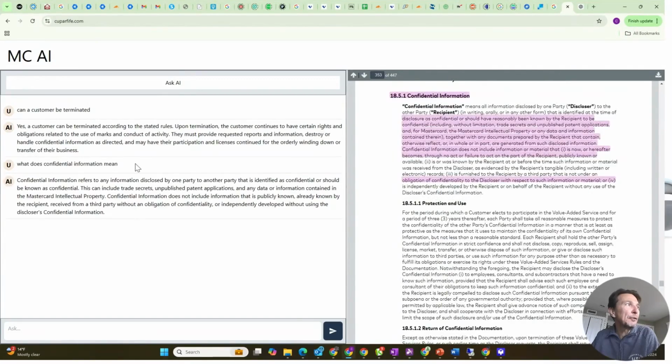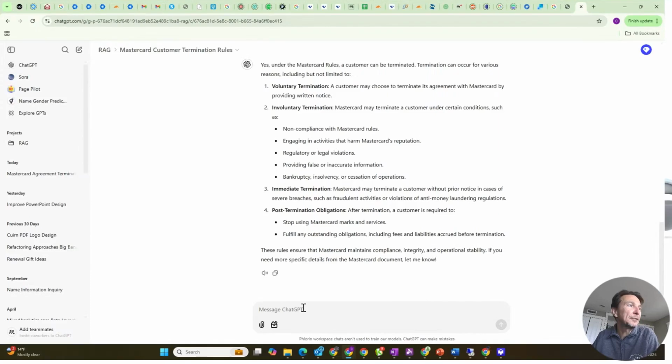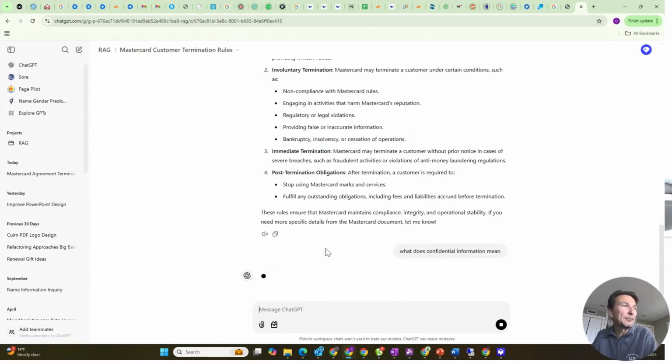So, what does confidential information mean? Again, it gives me a nice answer. And then over here, it actually highlights the right section and the text where it thinks is the best focus for me. So you can see it's pretty good. Let me go over to ChatGPT and ask, what does confidential information mean?